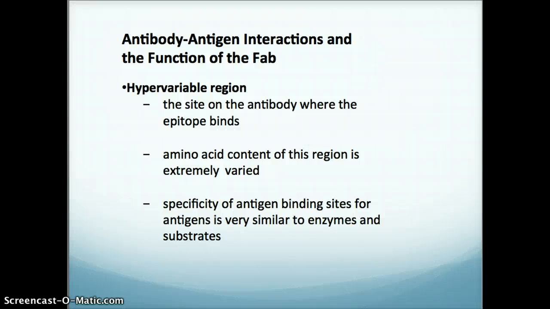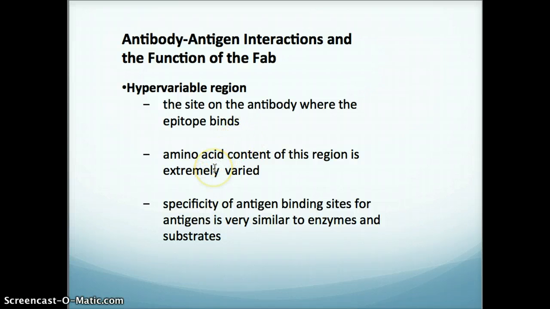So how does the antigen interact with the antibody on the B cell? And what happens is we have two different parts to the region that will bind the antigen. We have the hypervariable region of the antibody, and this is the site on the antibody where the epitope from the antigen will be bound.